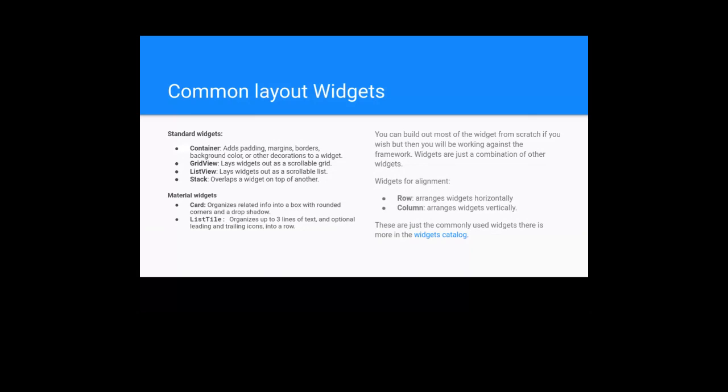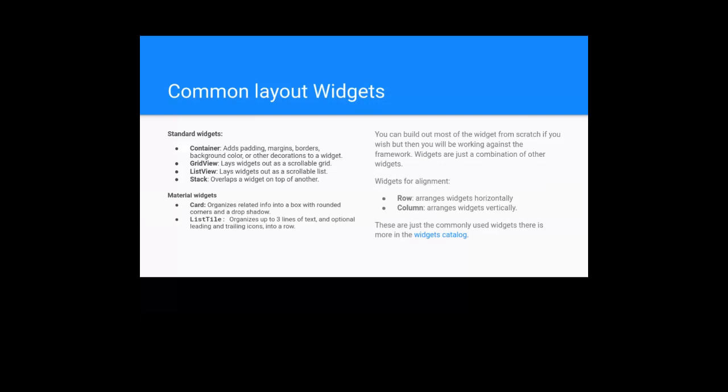And then for widgets, you'll find that there are so many of them, built out for you to speed up your build time. But there are those that are commonly used.